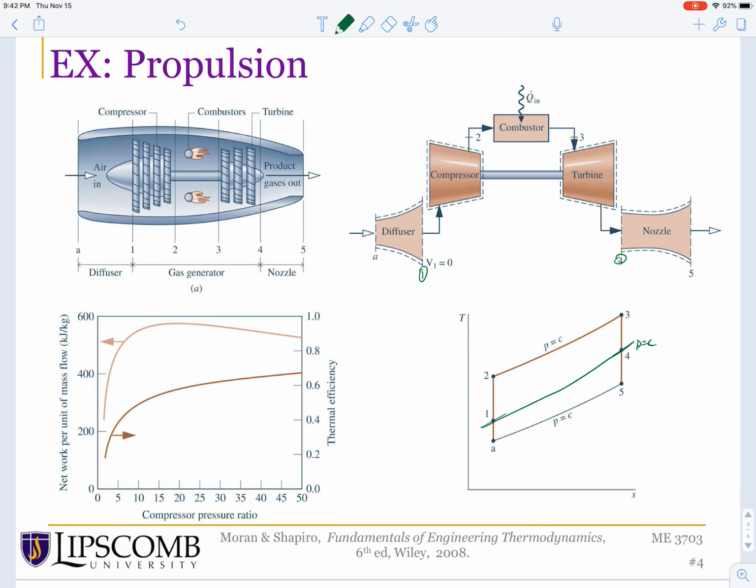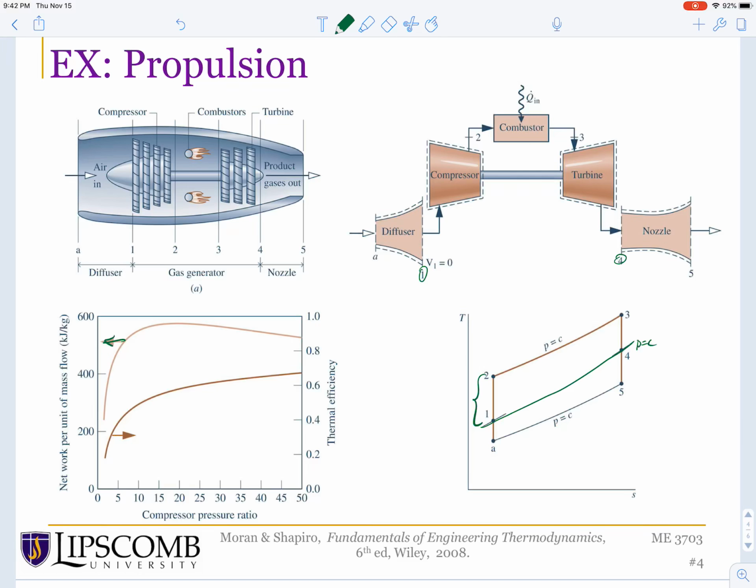If we look at a plot of compressor ratio, again, this is our compressor ratio on the x-axis, and then the arrow on the left here points to the net work produced per mass flow.